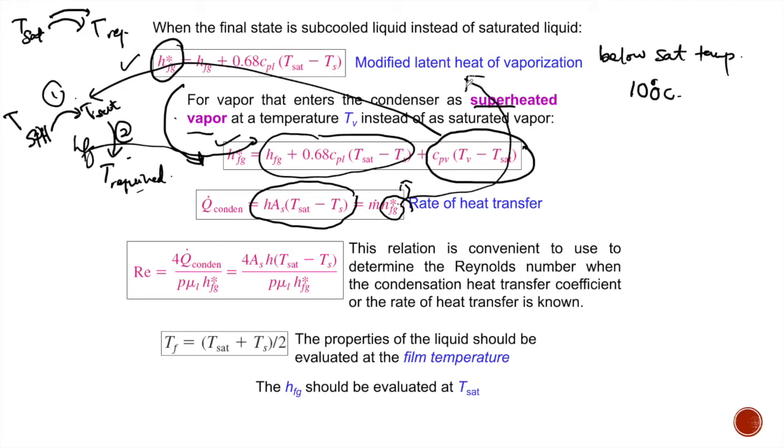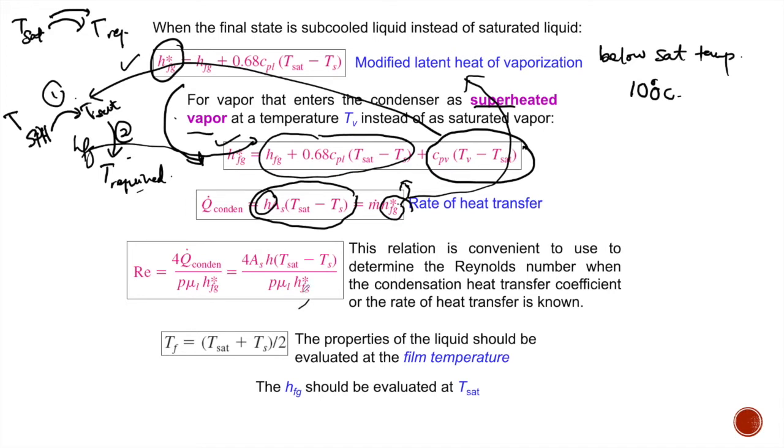So you have to determine for your problem whether it is a saturated liquid or a superheated vapor. Since we are using the same equation as the convection process, it is important for us to determine what is h. So I will explain a little bit more on how to find the h after this, since this is our main concern in this chapter.